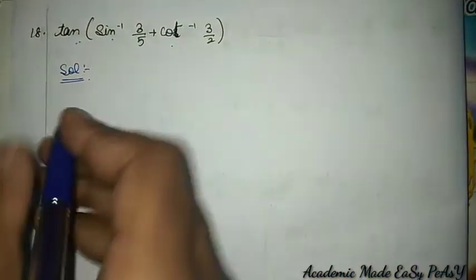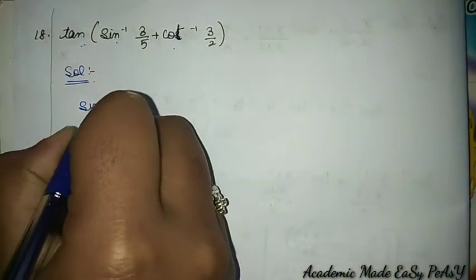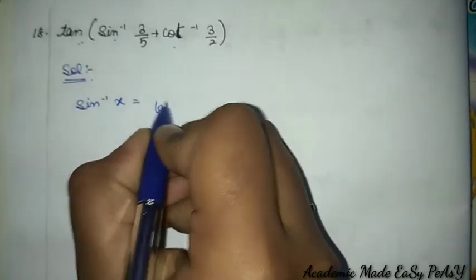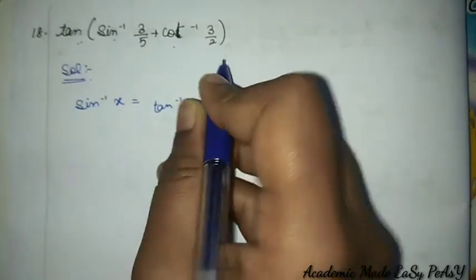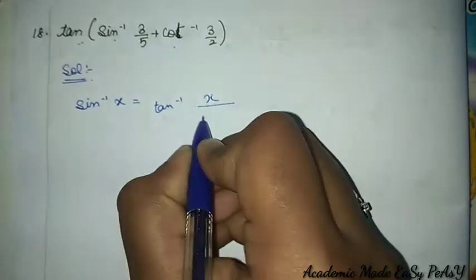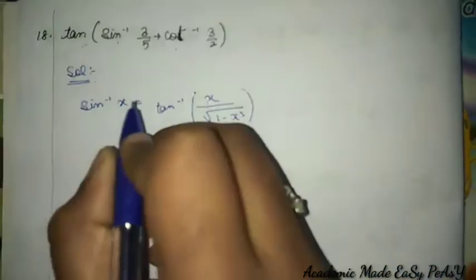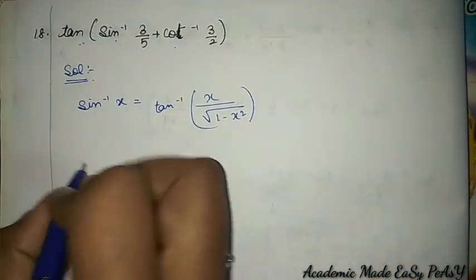So we will be converting sine in terms of tan and cot also in terms of tan, and then we can do the simplification. We know that sine inverse x is equal to tan inverse of x by root of 1 minus x square. We know this, no? My x value is 3 by 5 now.